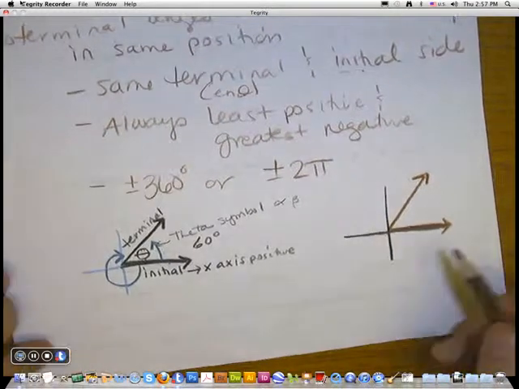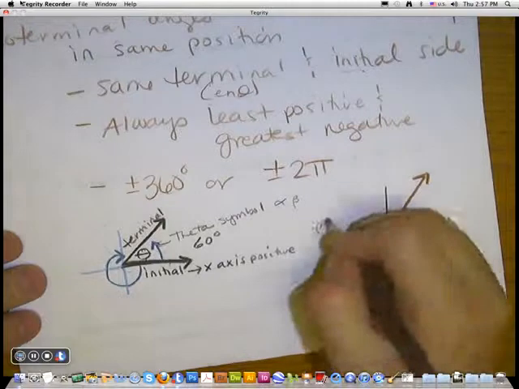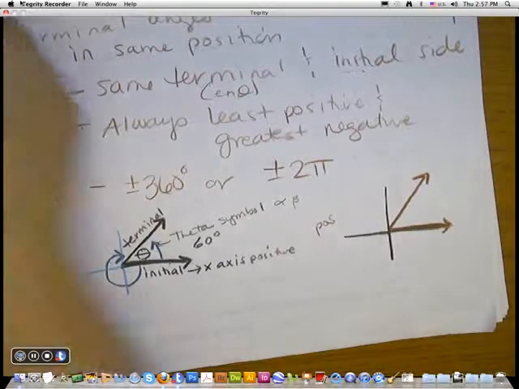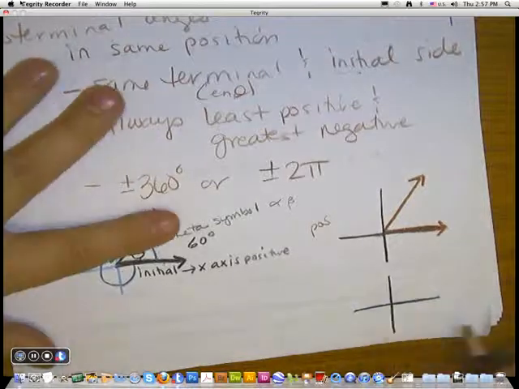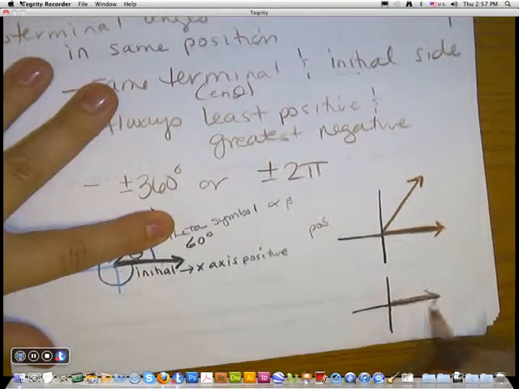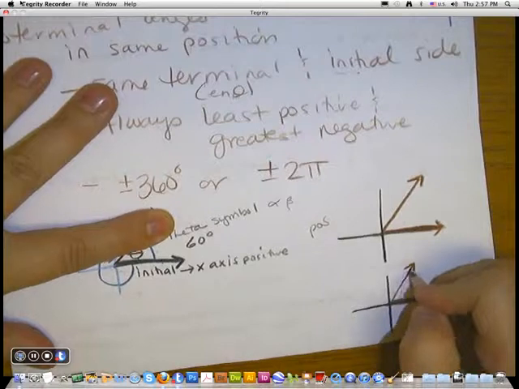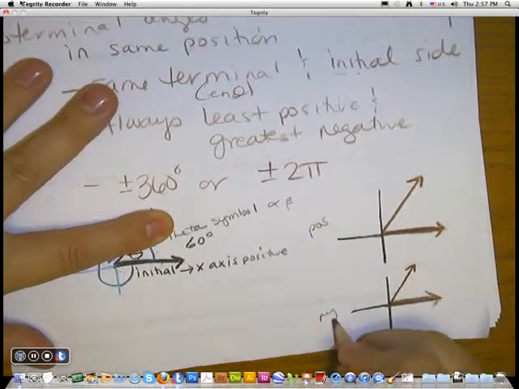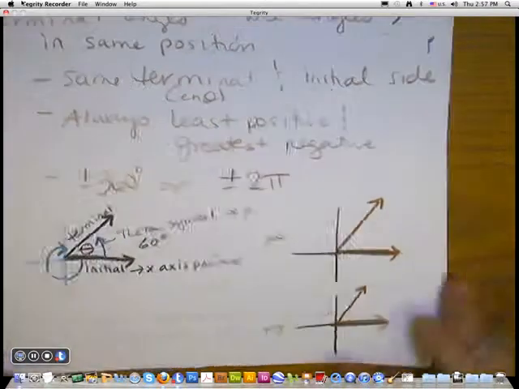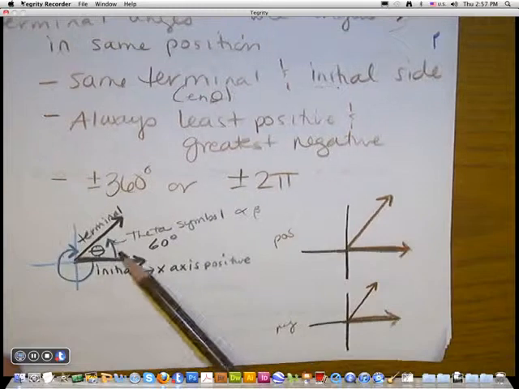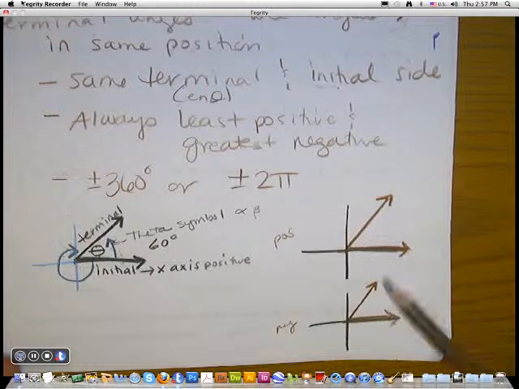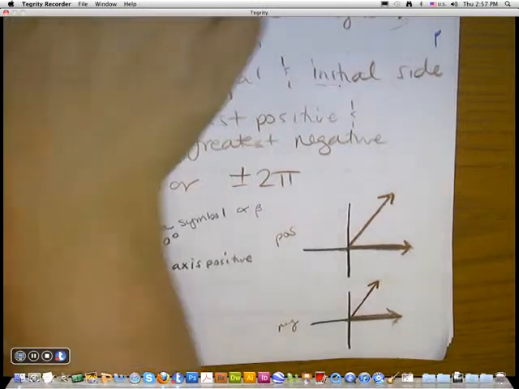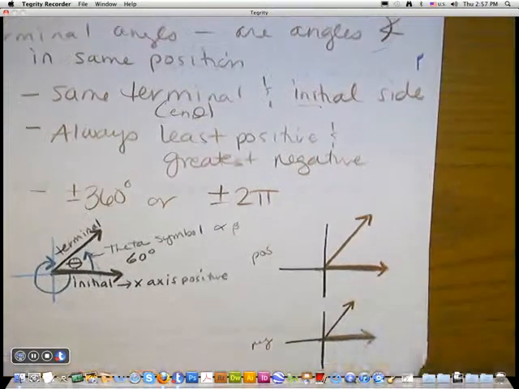One has to be positive and one has to be negative. Well, the only way that I can get this 60 degrees to be the same beginning, same end, is if I go around and around and around until I get to that angle.